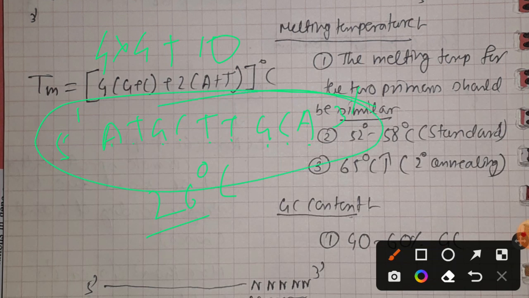I hope you can understand why we need to keep GC in our mind, because here we have taken only 4 nucleotides out of 1, 2, 3, 4, 5, 6, 7, 8, 9. That means quite less than half of the total.